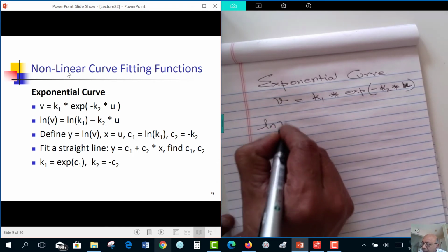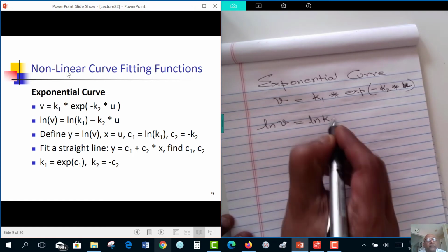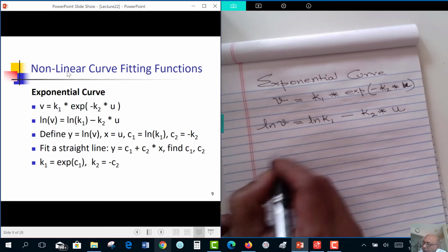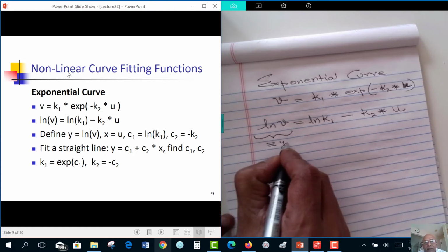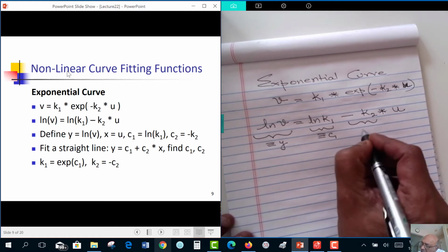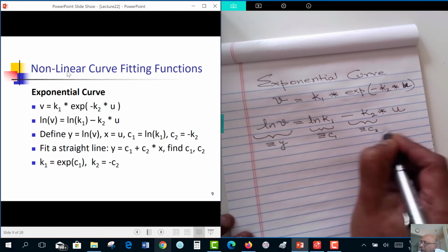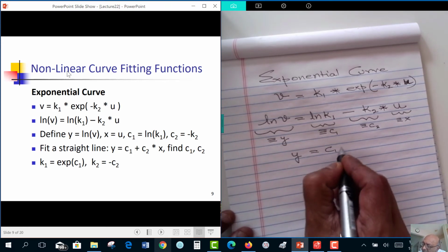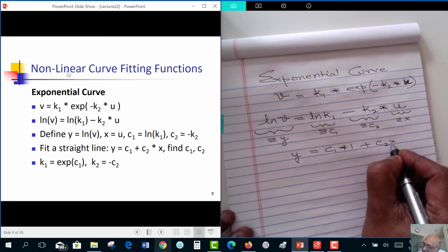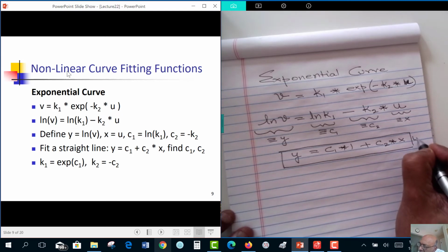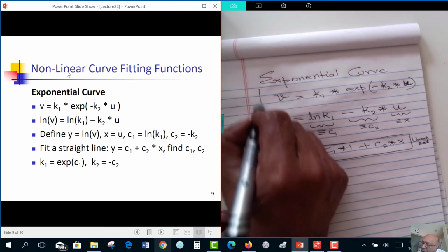When we take log of both sides, we get log V is log K1 minus K2 times U. So we define log V as Y, log K1 as C1, minus K2 as C2, and U as X. So our equation will become Y is C1 times 1 plus C2 times X. You can see this is our linearized form, and this was our nonlinear form.